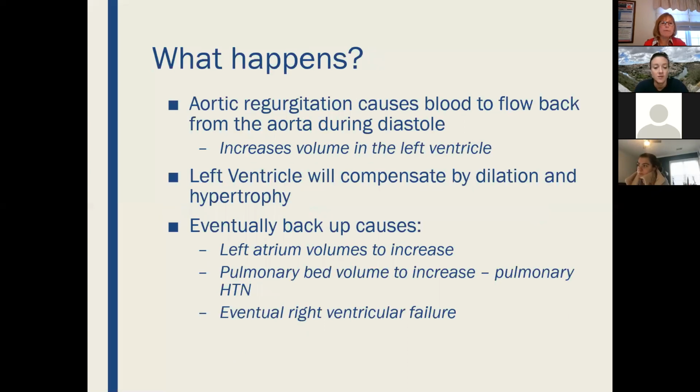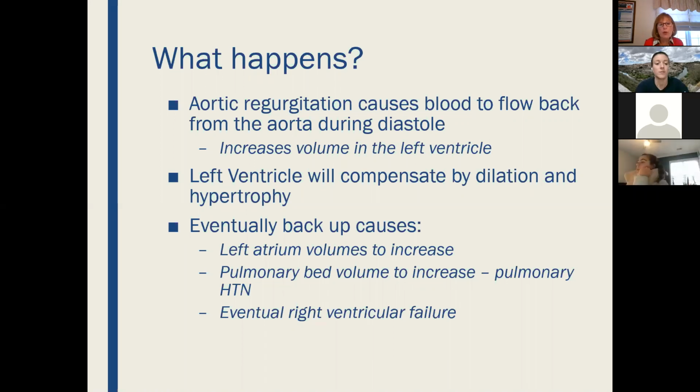Okay, let's see. So what happens? Well, regurg, we talked, the blood flows back into the ventricle during diastole and increases the volume in the ventricle, which isn't good. The ventricle doesn't like that either. The left ventricle will compensate. That wall will toughen because it's overworking, trying to say, what do you mean the blood didn't get out? Let's try it this time. It's working hard, increasing oxygen demand. But the muscle, by overworking, becomes hypertrophic.